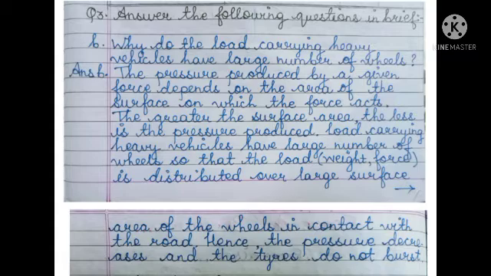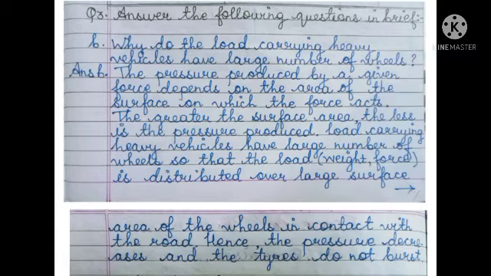So students, why do the load carrying heavy vehicles have large number of wheels? Because the pressure produced by a force depends on the area of the surface. So if the vehicles of load carrying have large wheels, then what would happen? If we are increasing the surface area, the less will be the pressure produced.